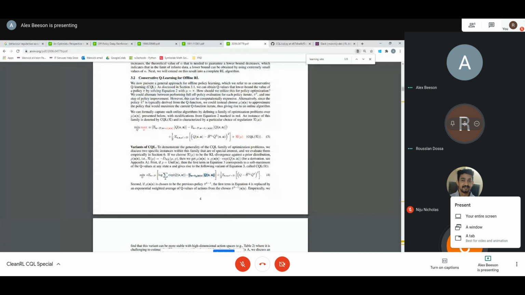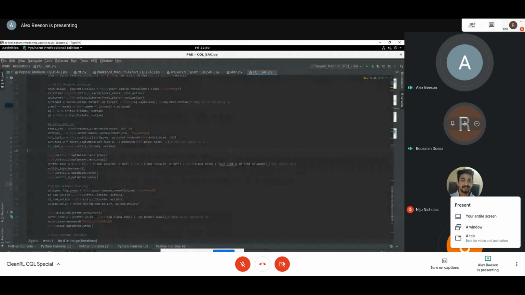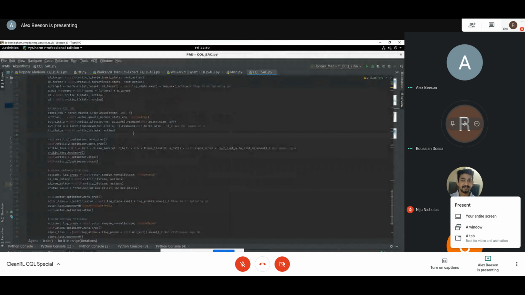The expectation, okay. So you sample only from a uniform distribution, the actions? No, I'm actually sampling it from my current policy. Oh, okay, I see. That's where, when I was going through the Slack channel, I noticed that it's supposed to be sampled from a uniform, and I was surprised that even though I've sampled it from my current policy, it still seems to be okay, which is a bit weird.